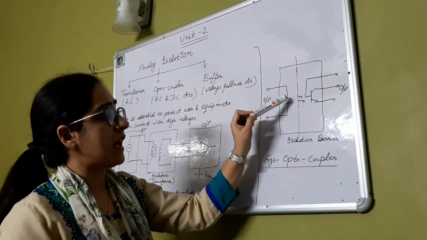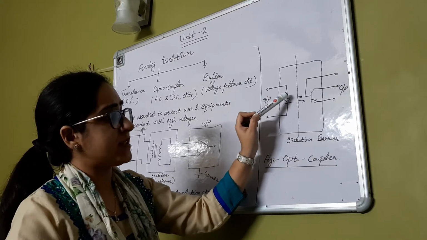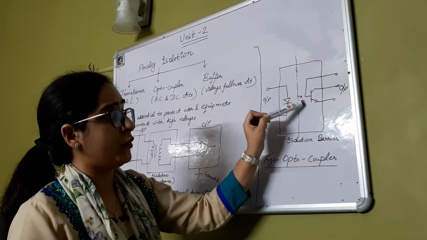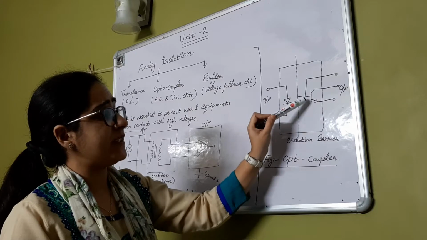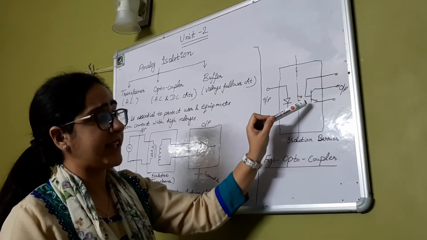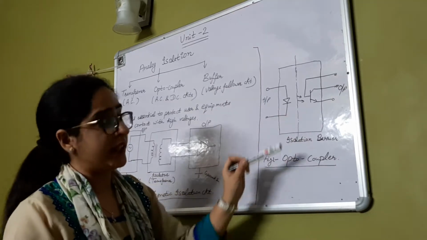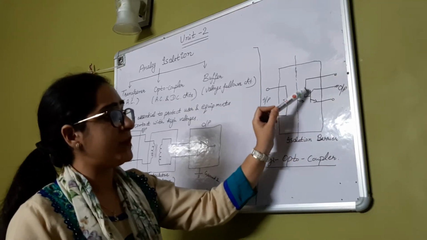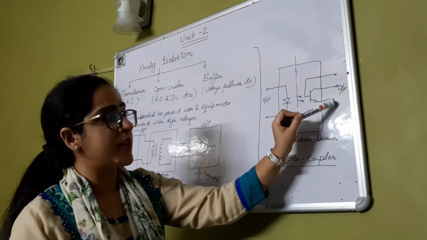When the LED glows, the phototransistor detects this light and starts conducting. Once the light is on, it starts conducting and the output is produced here.